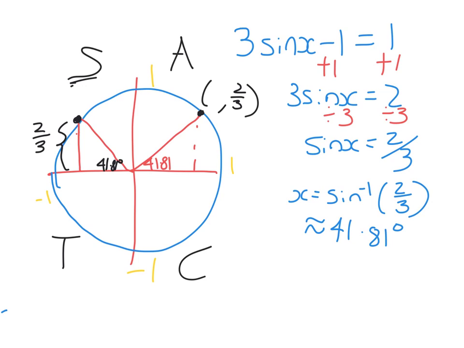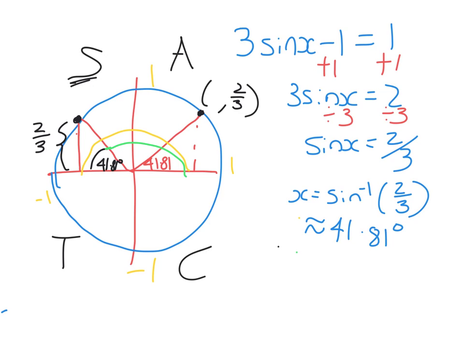But remember, the second answer here is not 41.81 because we're interested in the angle made with the positive x-axis. So I'm actually interested in this angle here. The sine of this green angle will give me 2/3 as well. So it is 180 degrees from here all the way around.